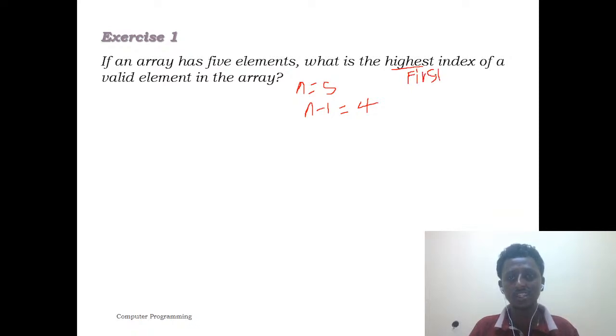The first index is 0 for any array, and the last index is n minus 1, which is 4. In our case, n is 5, so 5 minus 1 is equal to 4, which is the answer.